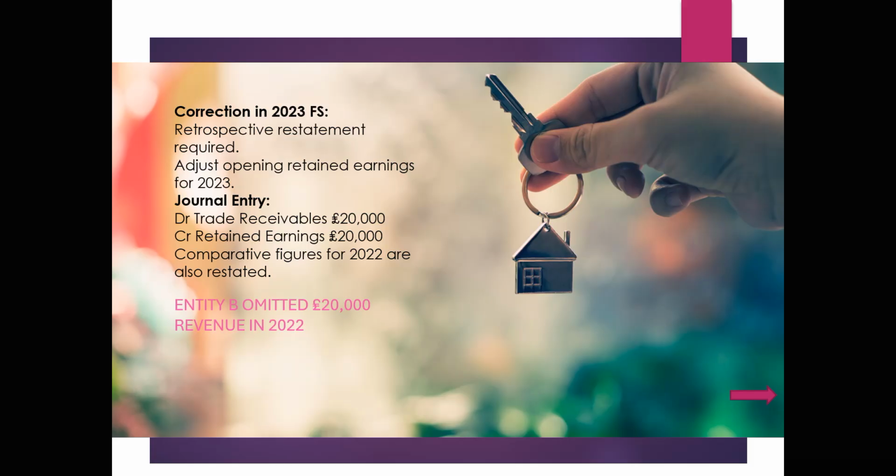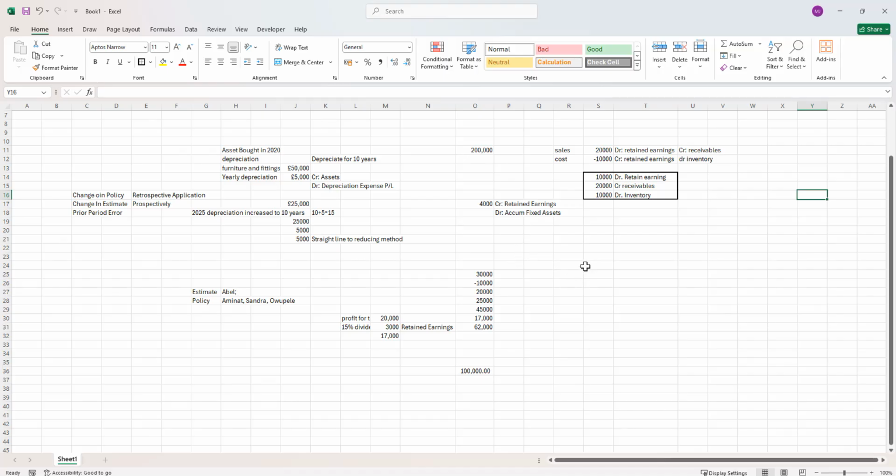Yes, because 2022 figures, when you put the figure on your P and L, don't forget, let me show you what would have happened. 2022, 2023. Sales they'll have had, let's say, 30,000. 2023 sales is 60,000.